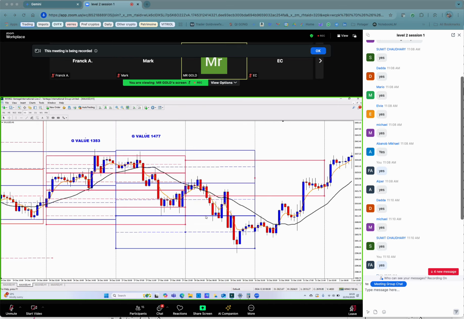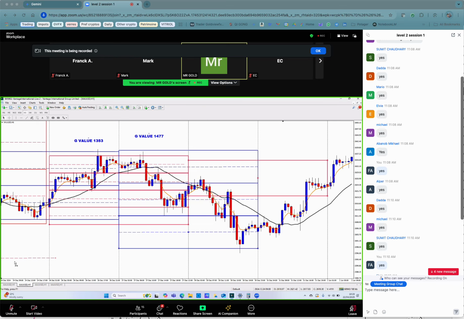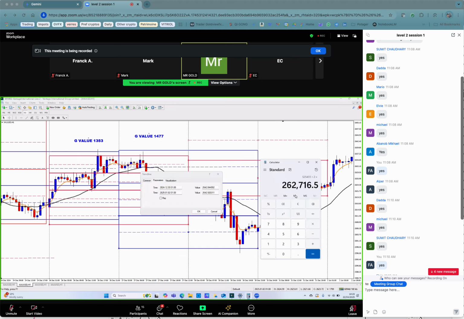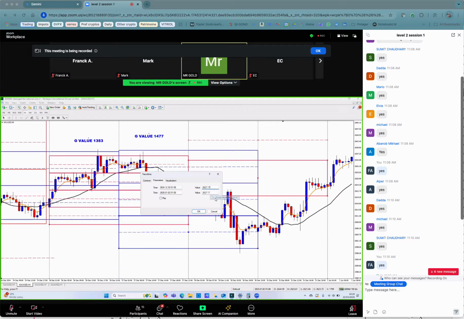So now let me get a half line, which is here, and I'll place it anywhere. And properties, and now I'll put in this figure, 2627.17, in the top figure as well because it's one line, not a box. Press OK, and I've got my half line.